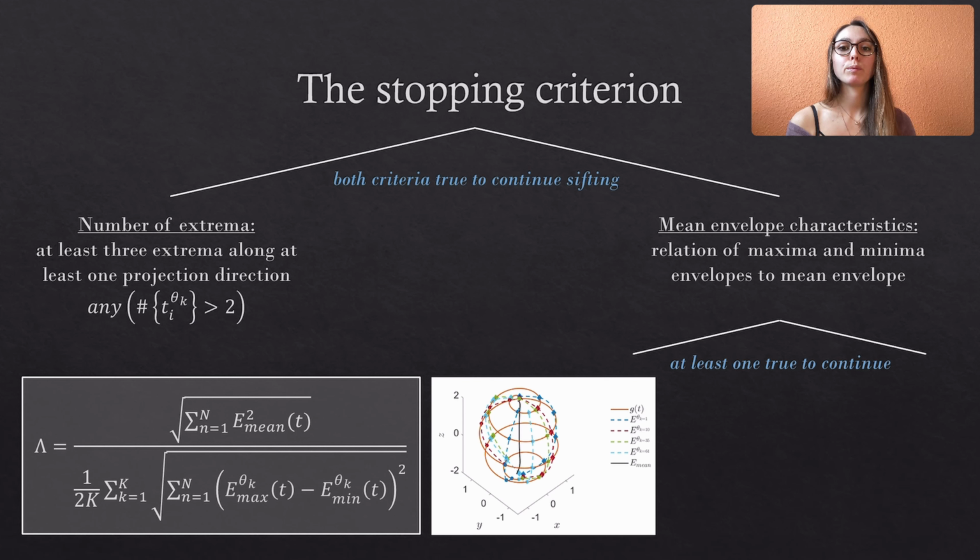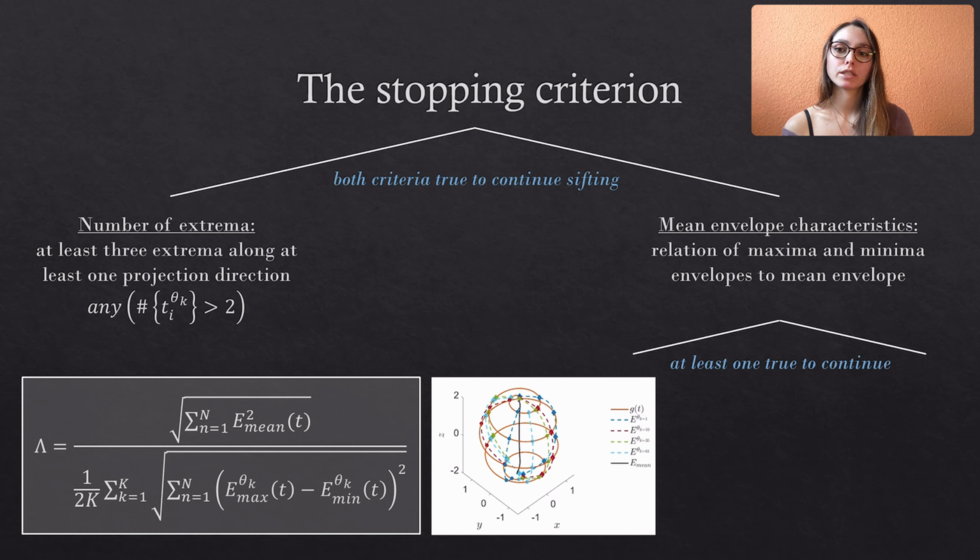You might wonder why we need such a complicated expression. Recall that our IMFs are typically zero mean signals, so we want the local mean to approach 0. But we cannot just prescribe that the mean envelope, so essentially the numerator of lambda, should be 0. This criterion brings some complications. For example, we do not want to oversift, which means that we would remove all amplitude variations inherent to the data by excessive sifting.